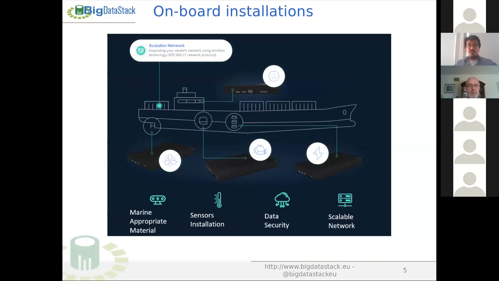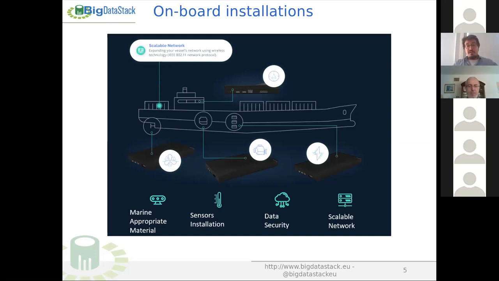So in order to collect data from the vessel on board, many things have to be taken into consideration. This is just a bare minimum of information on what is required from IoT devices on board. We're talking about marine-appropriate materials that can last in humidity and high temperatures.